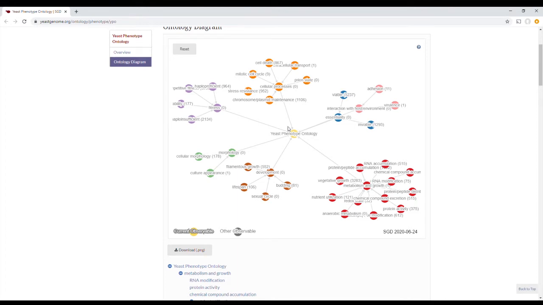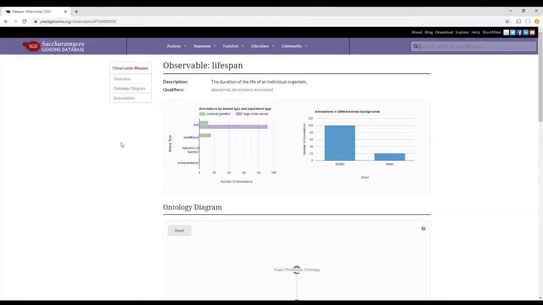Now I want to look in this bottom at about the 7 o'clock position. I see filamentous growth, development, budding, sexual cycle, and lifespan. I want to click on lifespan.